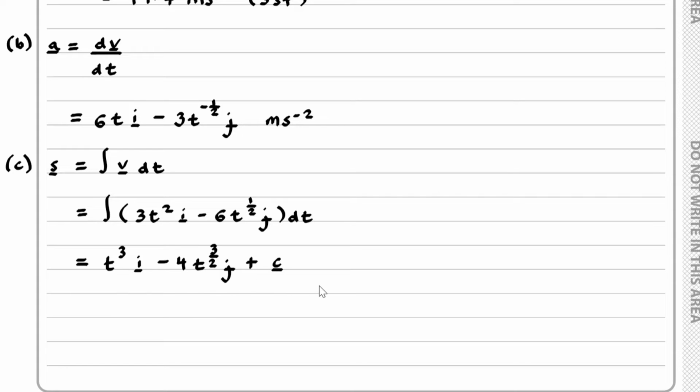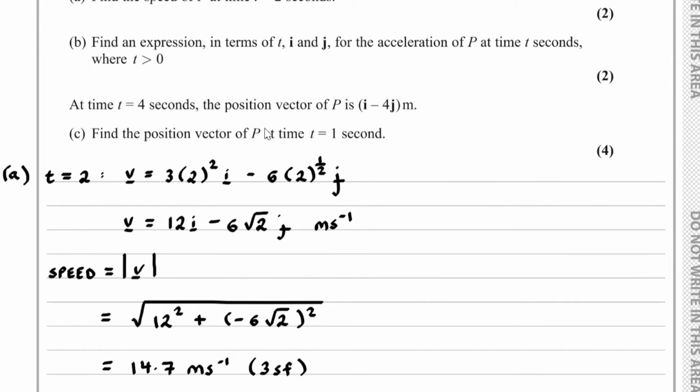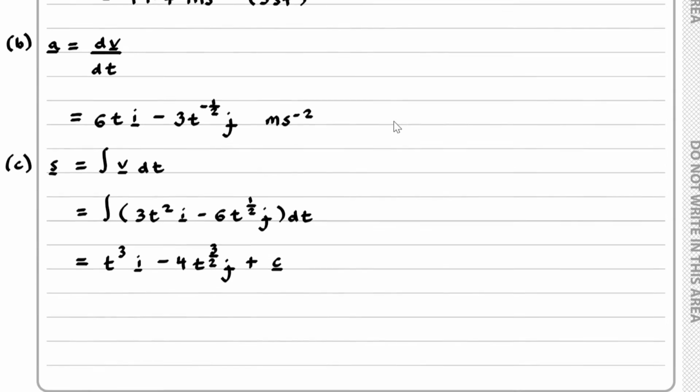Now to find what c is, we know that when t equals 4, the position vector of P is i minus 4j.